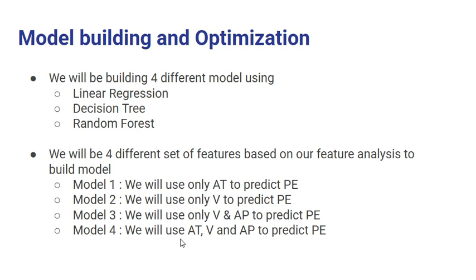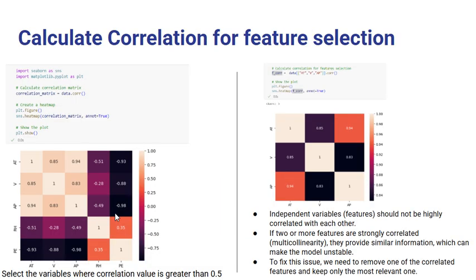And fourth is a combination of these three variables. So just want to highlight, as we can see in the previous slide, out of these three selected variables, we will not select those two variables which are highly correlated.